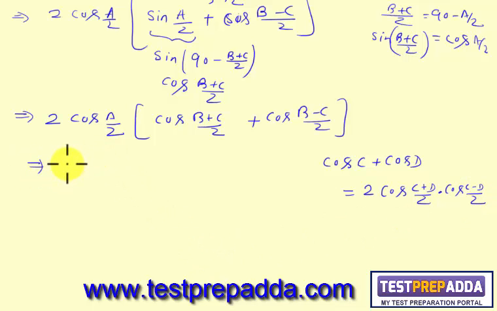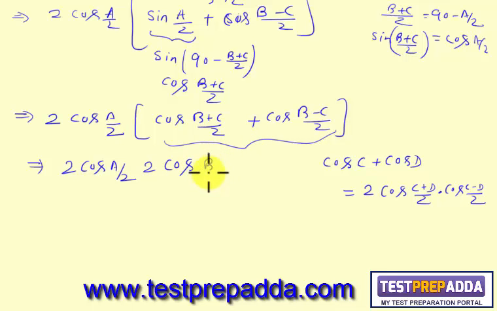So what do we get here now? 2 cos A by 2, and here if I use the transformation cos C plus cos D, it becomes 2 cos B by 2 and cos C by 2.